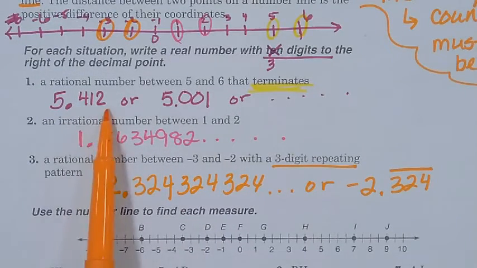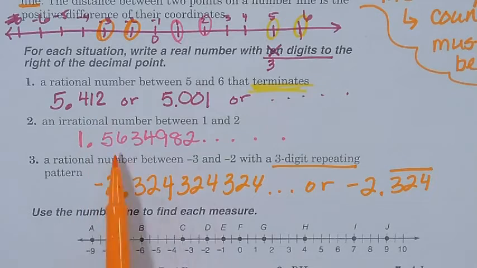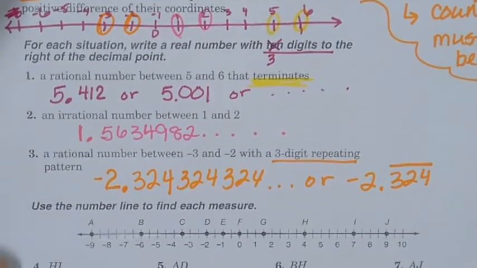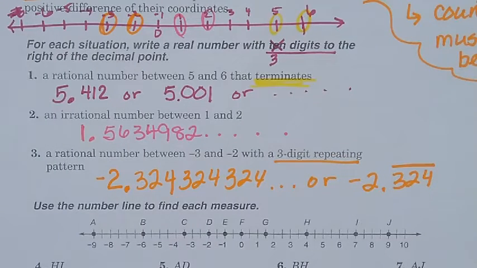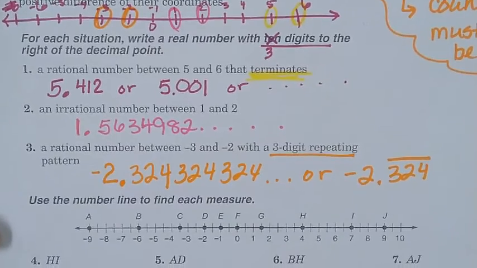And if the answer ends, your answer should end. If it goes on with dot dots, your answer should go on with dot dots. And if it's repeating, you should see like a repeating pattern or repeating bar. Okay, does that make sense? Because I could guarantee you're probably not going to see the exact answer in the back that you're going to write down because there's just too many variations that could be put there.